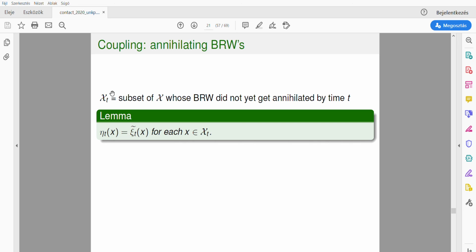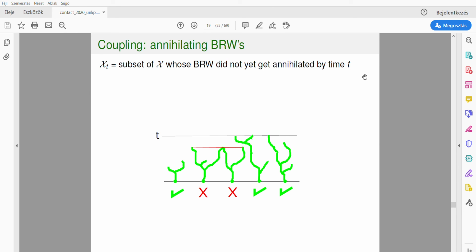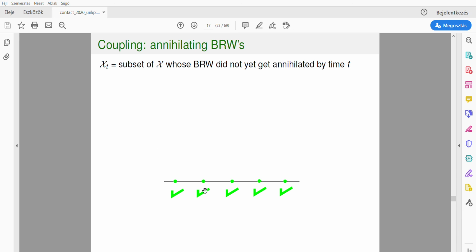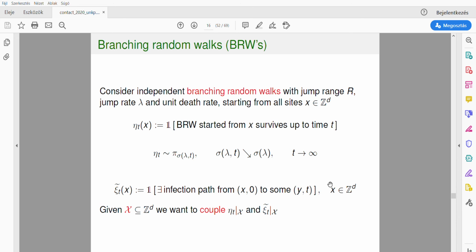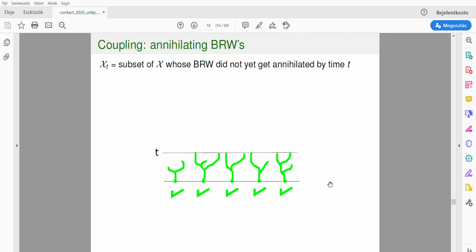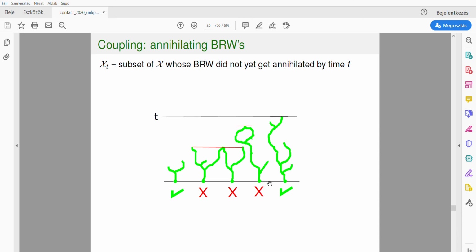I denote by xt the subset of those sites whose branching random walks did not yet get annihilated by time t. So x0 is the whole set, and generally xt consists of those sites who still have a check mark. As you can see, this xt decreases with time. For example, now these two guys got eliminated from xt, and as t increases, this further guy got eliminated.